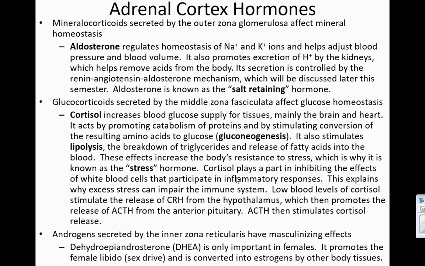Let's talk now about the brand new part of the adrenal glands, the adrenal cortex. The adrenal cortex is made up of 3 different distinct zones or regions, and each of those secretes a different set of hormones.